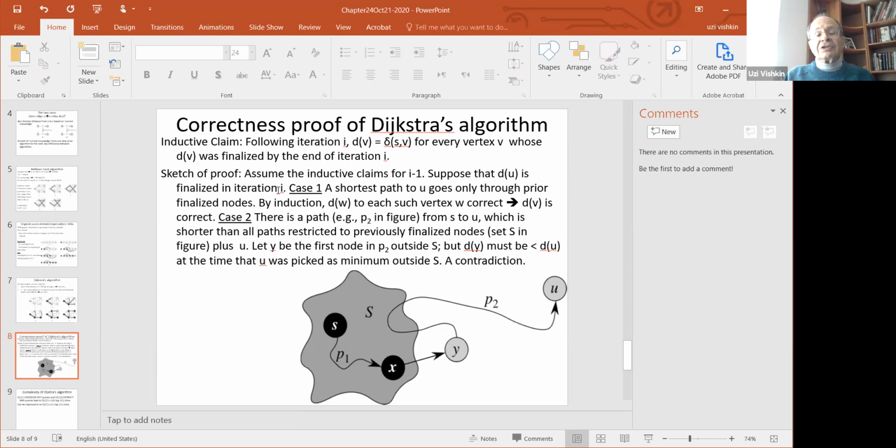One case is that the shortest path to this vertex goes exclusively through prior finalized vertices.